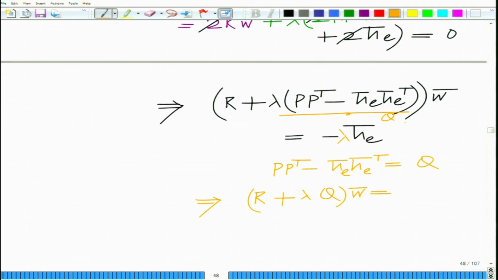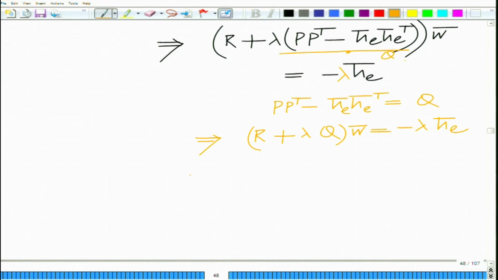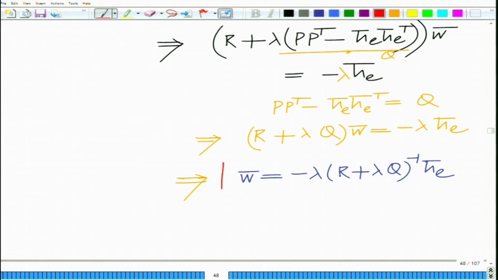So minus lambda H bar E. So this is equal to minus lambda H bar E, and therefore that gives us the equation W bar equals R plus lambda Q inverse, minus lambda into R plus lambda Q inverse into H bar E.